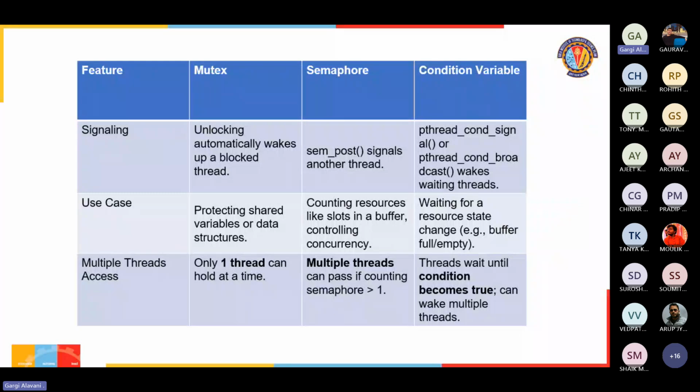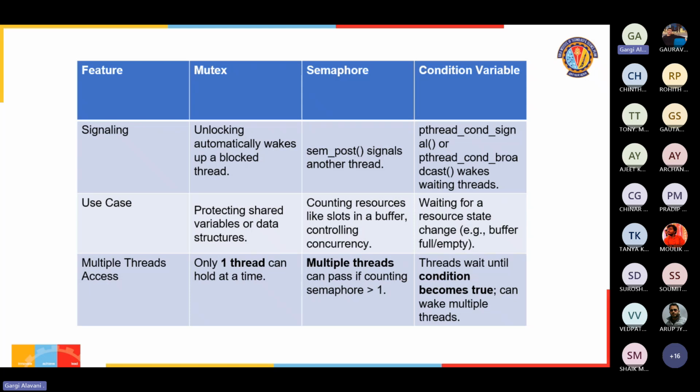For signaling in mutexes, you have to unlock, and unlocking will automatically wake up the blocked thread. In a semaphore, when you do post, it increments, and this post will signal another thread. In conditional variables, you have to use specifically either a signal or a broadcast, which will wake up the threads.